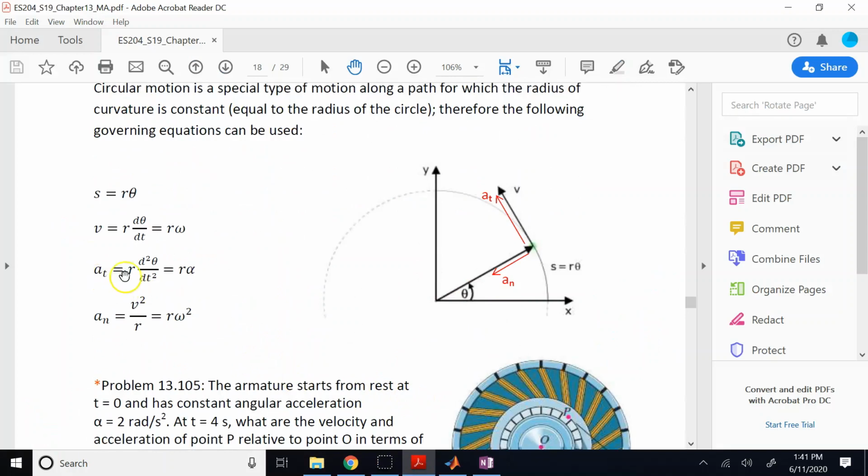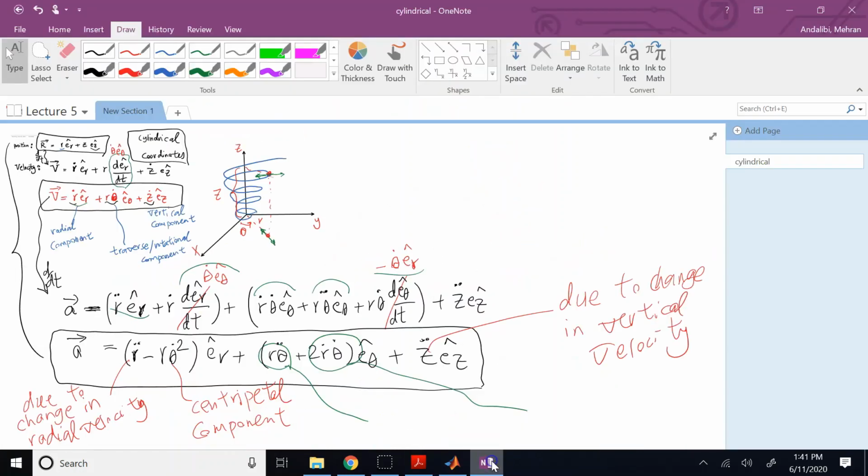Look at this: the tangential acceleration was r times alpha. This is because your omega was not constant. So what component is this? Yes, you are right. This is the tangential acceleration.